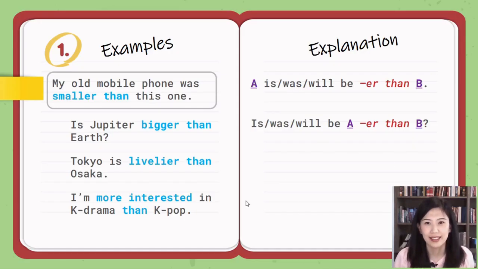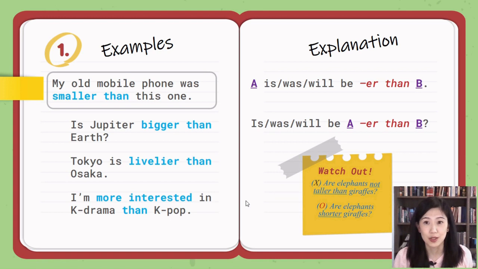Now let's move on. Here are a few things we should pay attention to. In general, we do not ask the comparative form with not or in a negative way. It just doesn't sound very natural. Are elephants not taller than giraffes? This sentence sounds like something that you would hear uttered by Shakespeare or some really old person speaking English.